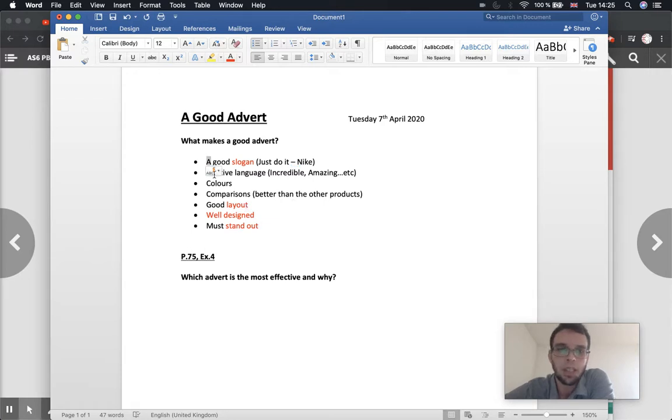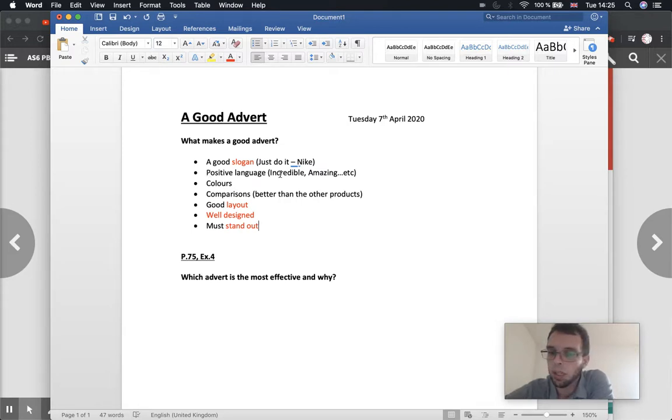First thing is a good slogan. If you don't remember what a slogan was, a slogan is a small phrase that a company uses to help people remember the brand. An example of this would be Nike, just do it. That's their slogan, so you need a good slogan to make a good advert. You also need positive language.